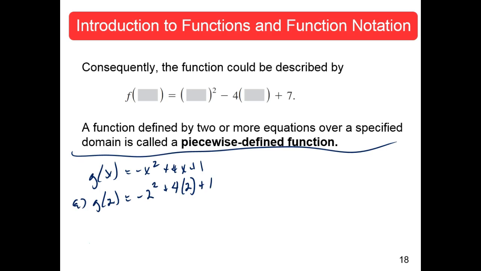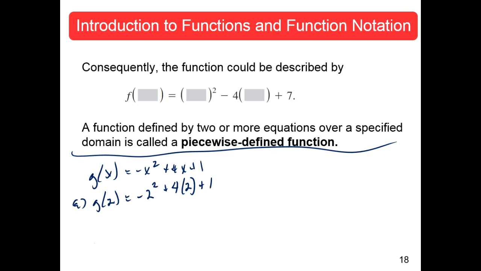Okay. Not quite. Because remember, please excuse, you do exponents before you do addition, subtraction, which is the sign change. So it's minus 2 squared, minus x squared. You square the 2 first, that's 4, and then you negate it. So it's a negative 4.